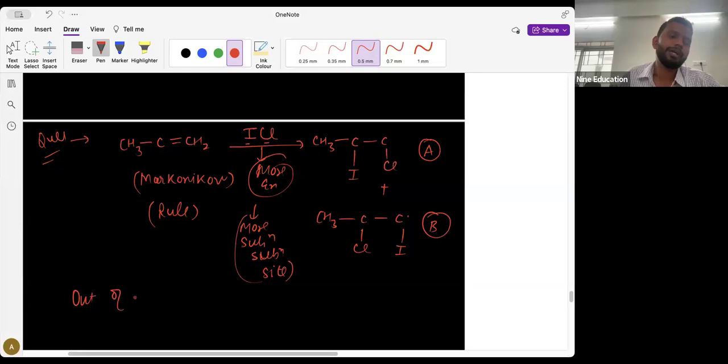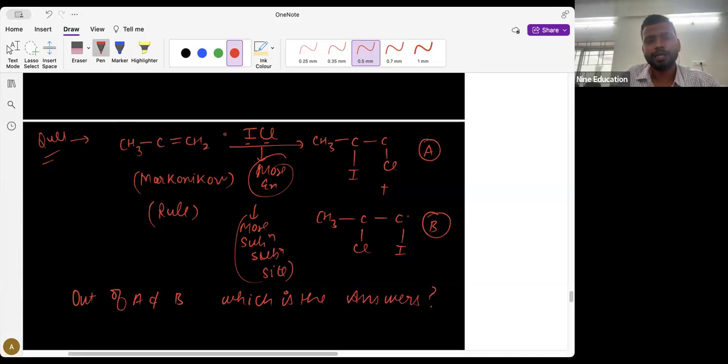Out of A and B, which is the answer? Whenever I put alkene with ICl, iodine chloride, interhalogen compounds, है ना? You can write in the chat box out of A and B answer. Answer tell A or B. Start solve करें इसको. Simple it is. Chat box में लिखें.